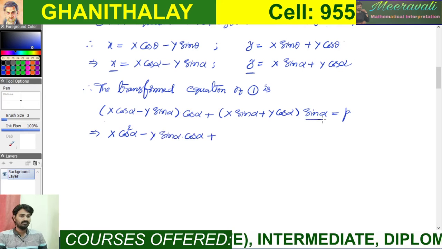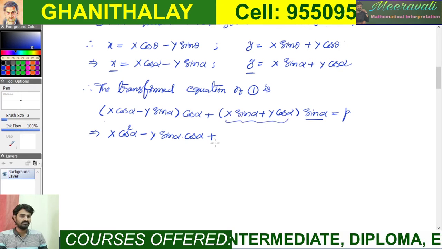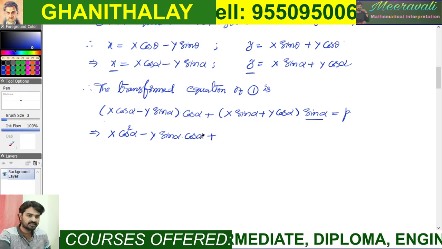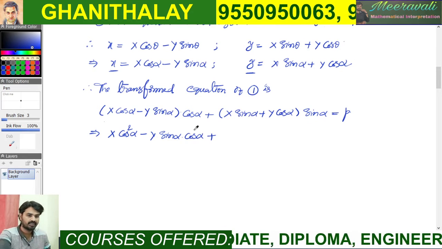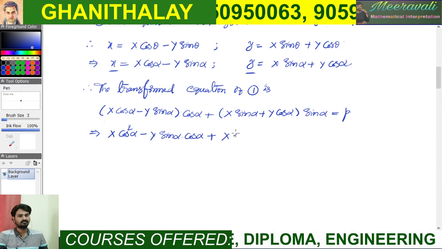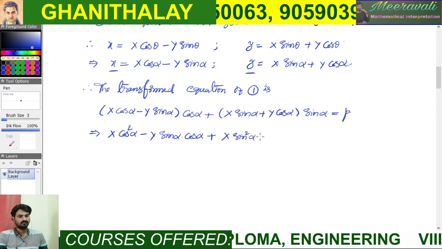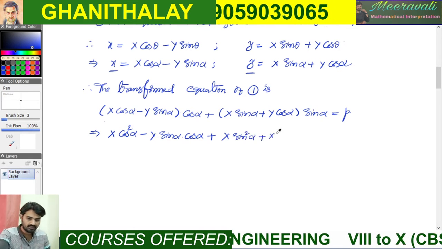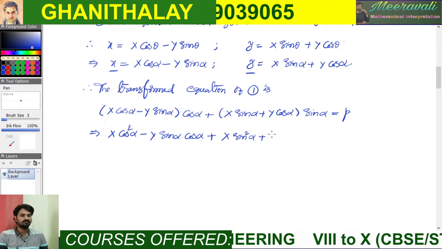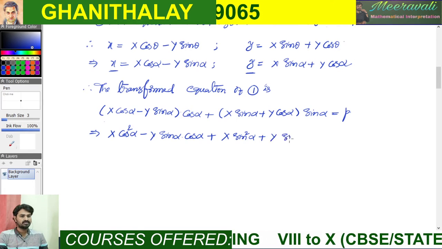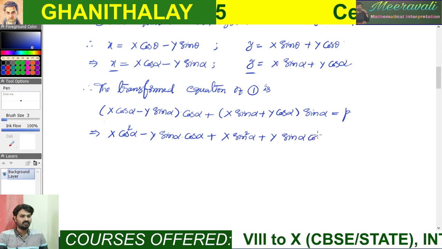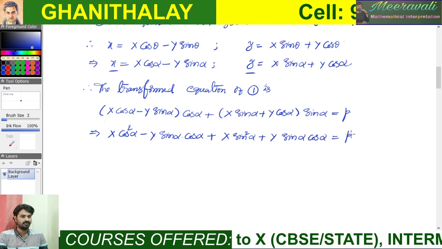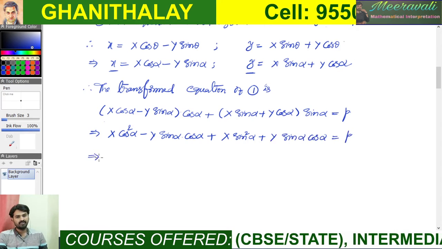Next, multiplying by sin alpha this total term, you can get here x sin alpha into sin alpha, x sin square alpha plus y into cos alpha into sin alpha is equal to p. Now first you need to write the x square term.